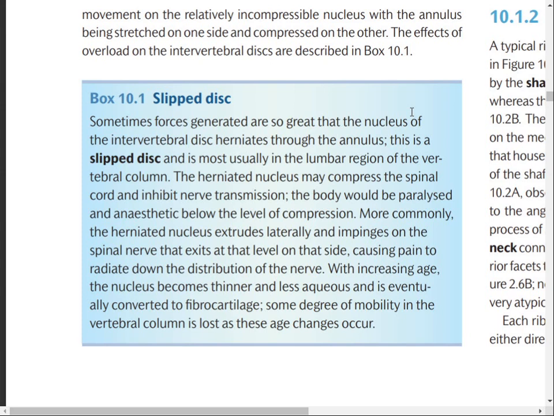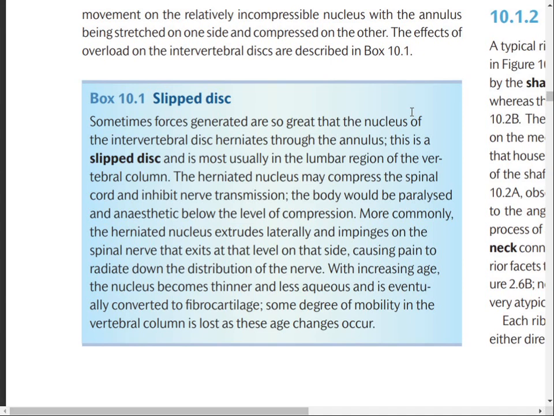The body would be paralyzed and anesthetic below the level of compression. More commonly, the herniated nucleus extrudes laterally and impinges on the spinal nerve that exits at the level of the disc, causing pain to radiate down the distribution of the nerve.